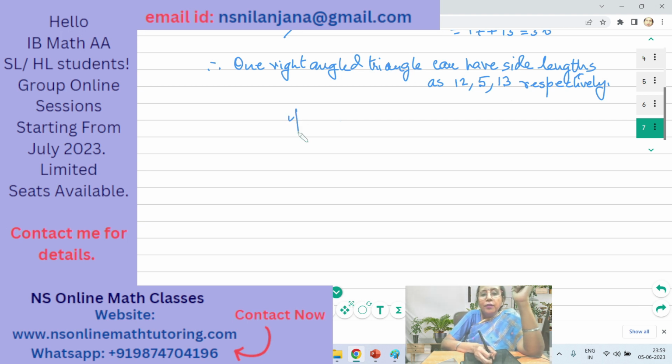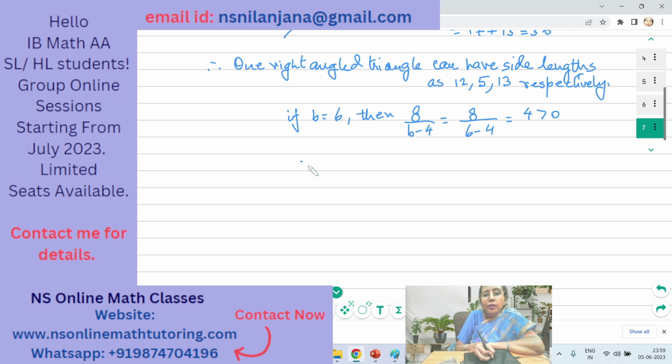So if b is equal to 6, then 8 over b minus 4 is equal to 8 over 6 minus 4, which is equal to 4, that is greater than 0.